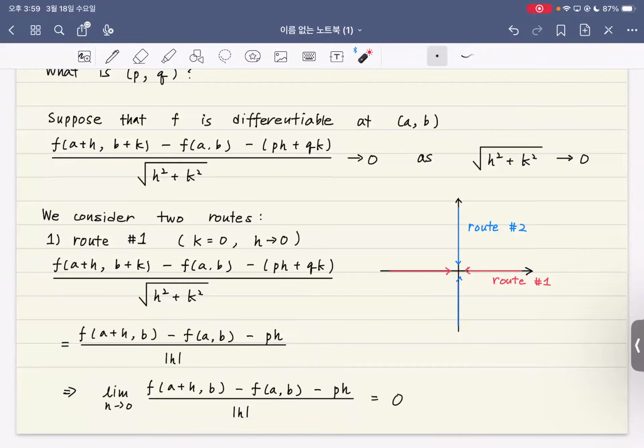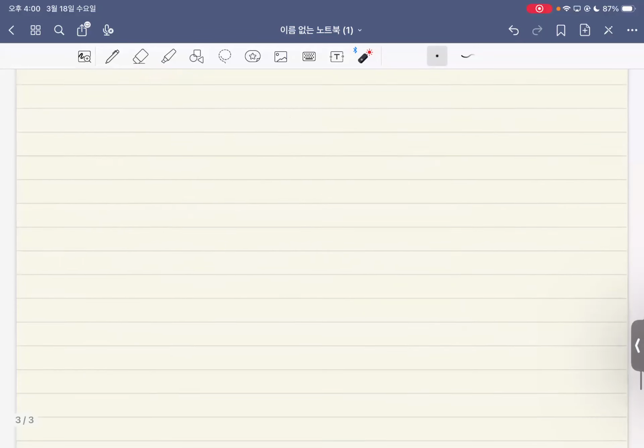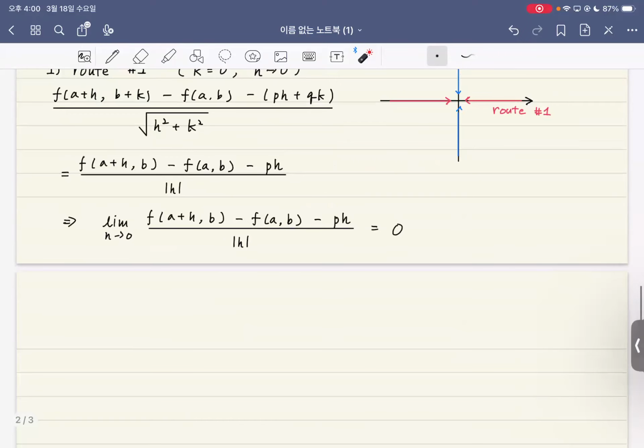Since the limit of this expression, even if I follow this route, must be 0, the limit as h tends to 0 of this whole expression must be 0, because this limit must be the same as the general limit.